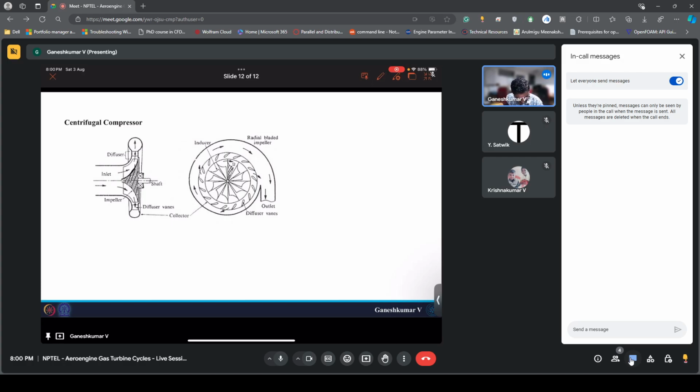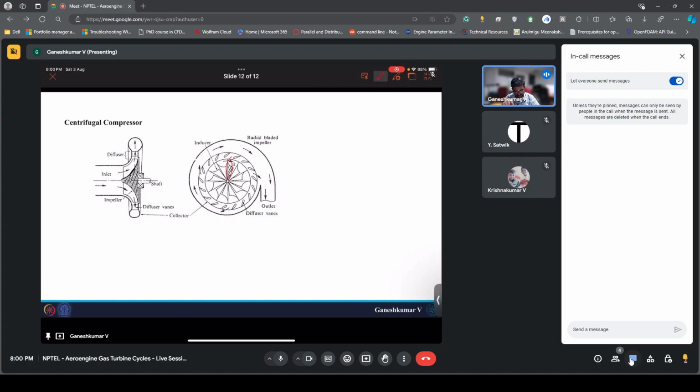Because it rotates, it guides the flow in the actual direction. While doing that, because of the centrifugal motion of the air, it gets compressed during this motion of the flow from the center outward. It might go something like this.